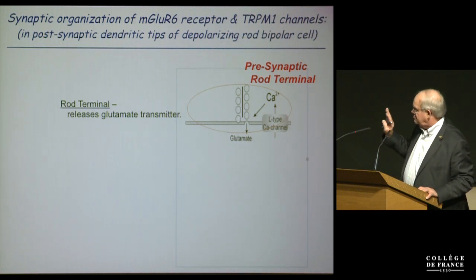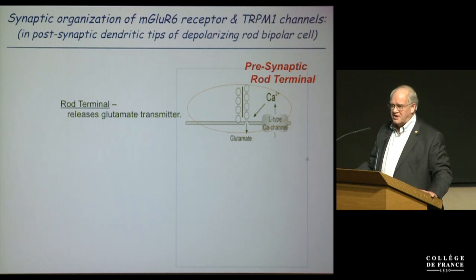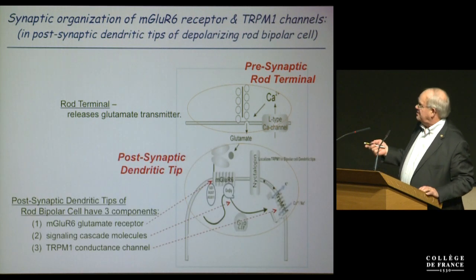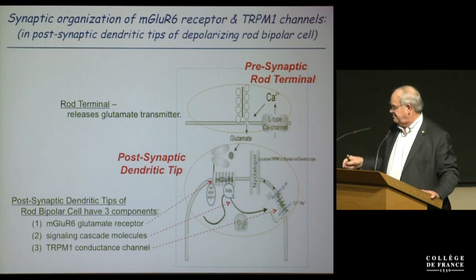When we look at markers of the presynaptic integrity, that looks okay. But on the postsynaptic side, we see a problem. Now, the postsynaptic element is sign inverting, it's a G protein coupled receptor. So it has 3 parts: the glutamate receptor, cascade signaling molecules that couple to the TRP channel.